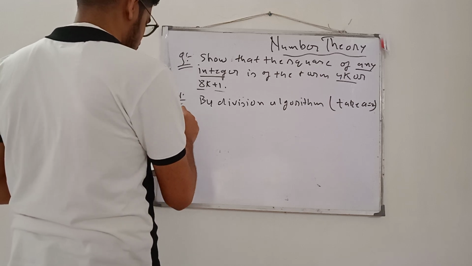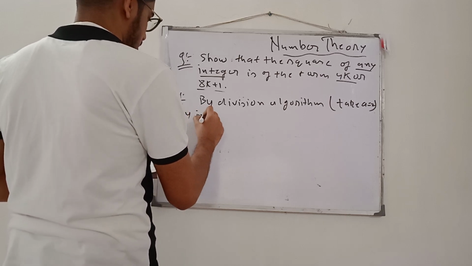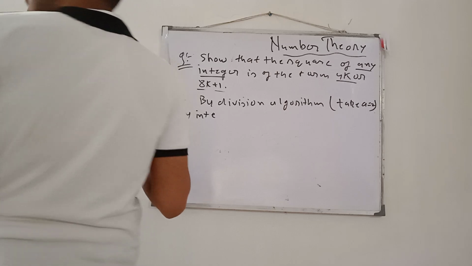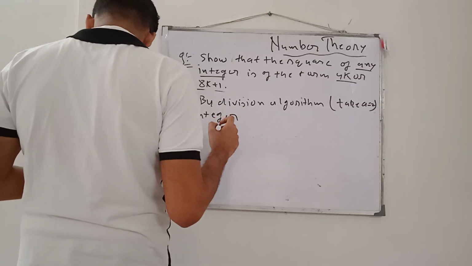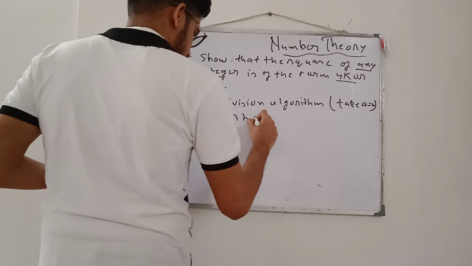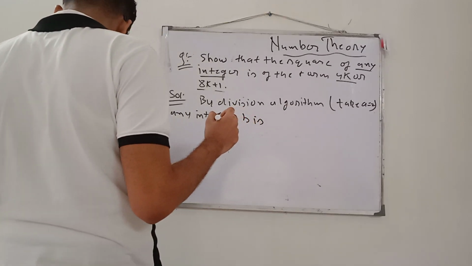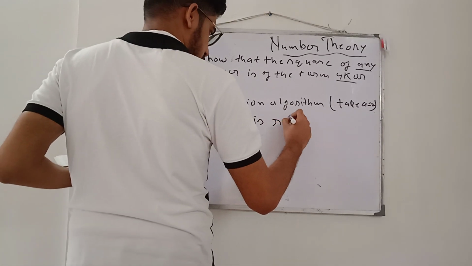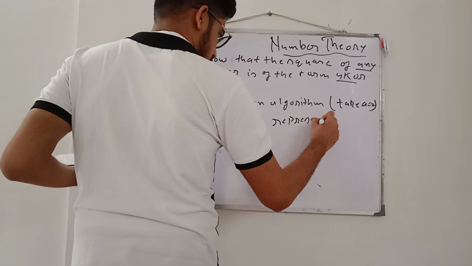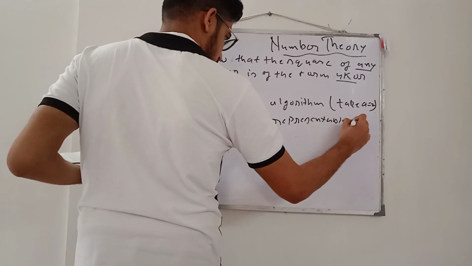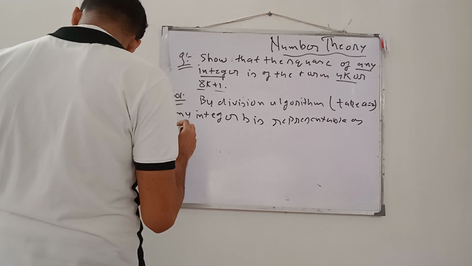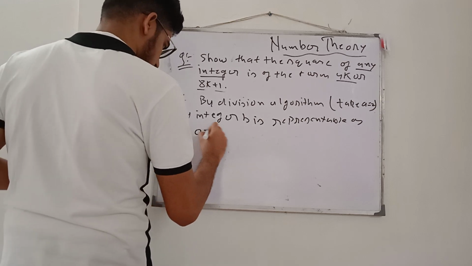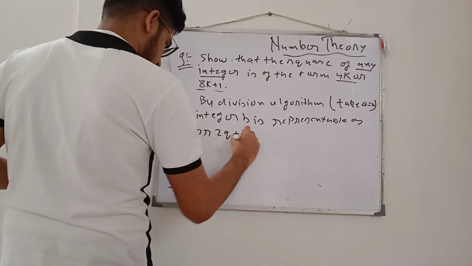Any integer b is representable as 2q or 2q plus 1.